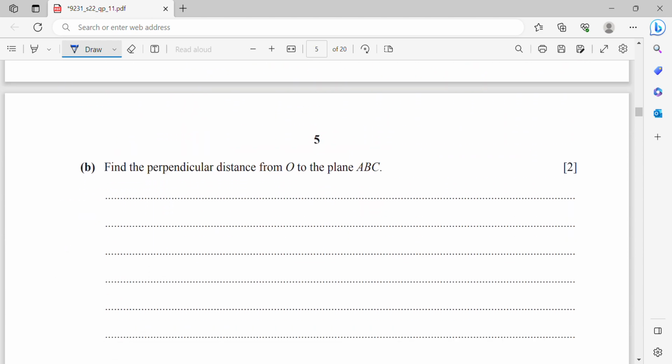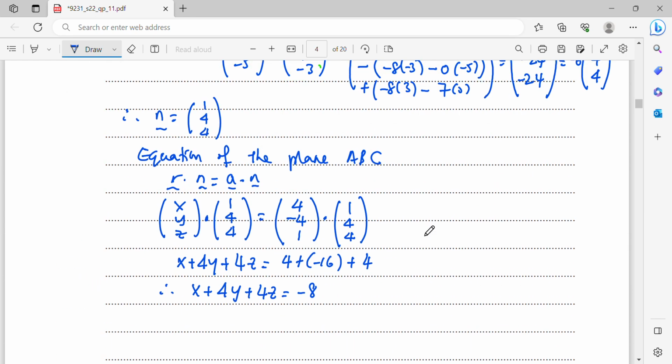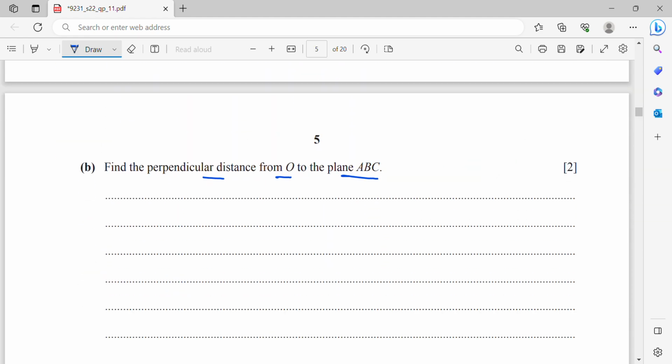Okay, now B. Find the perpendicular distance from O to the plane ABC. Since we have found the plane just now, I'm going to rewrite my plane equation: x plus 4y plus 4z is minus 8. Okay, so from here, for the perpendicular distance, I can move the minus 8 to the left hand side.